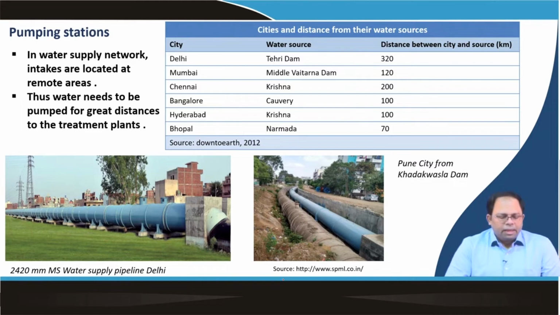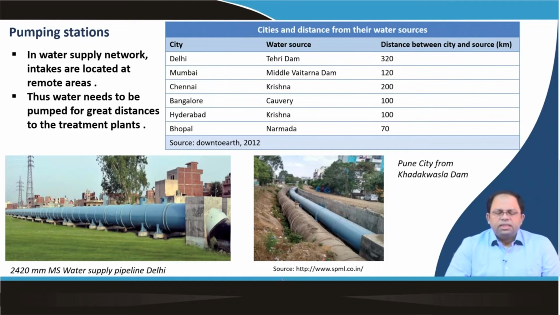So, coming back to water supply networks, pumping stations are usually of different kinds, as I was saying. It could be a high lift pumping station, or a low lift pumping station required at the source, wherever you are lifting water from surface water sources or groundwater sources.